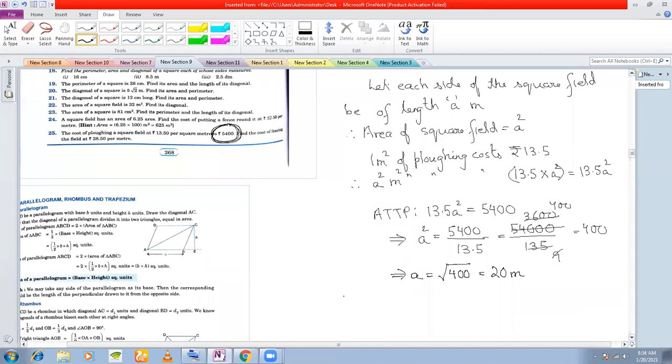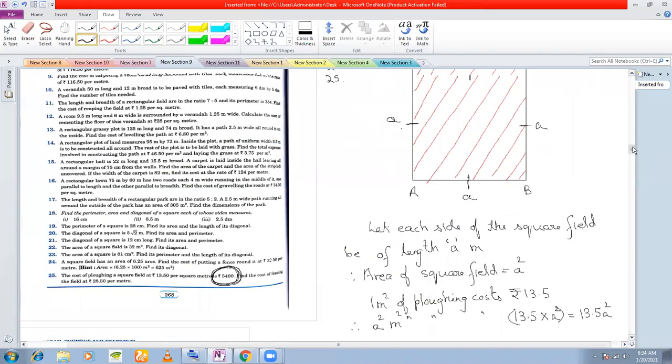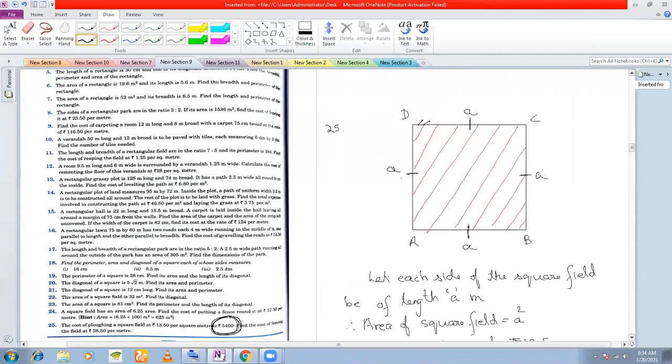Now the question is find the cost of fencing. So when you are fencing here, you are fencing each of the sides, each of the boundaries. That means you need to find out the perimeter of the square. Fine.